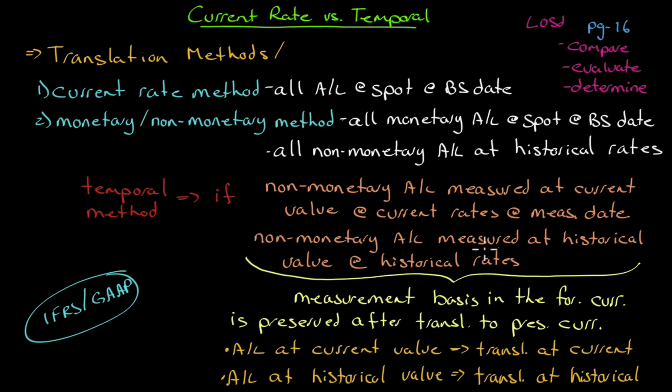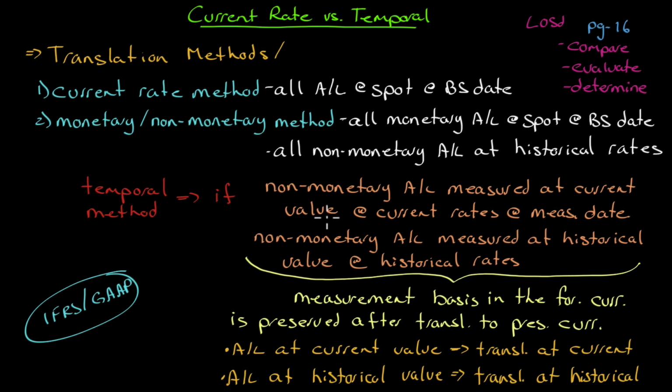Non-monetary assets and liabilities that are measured at historical value are translated at historical rates. So for the temporal method, the monetary assets and liabilities still get translated at spot at the balance sheet date. The non-monetary assets and liabilities now break up into two different types: ones that are measured at current value and ones that are measured at historical value.